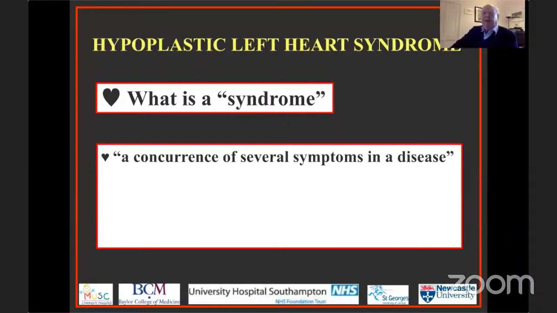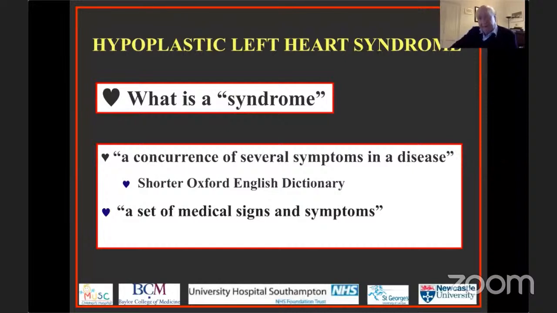Well, I went to my fount of knowledge, which is the Shorter Oxford English Dictionary. You see here a concurrence of several symptoms in a disease. Well, symptoms are not a great deal of use to us as morphologists. I've also been discussing this at length with Tom Carl.